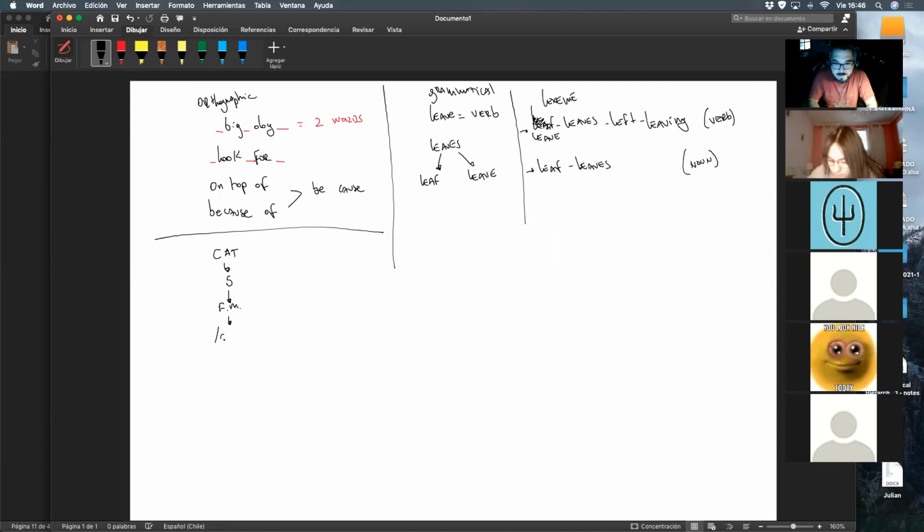And that free morpheme is the word cat. ¿Cierto? Entonces queda claro los niveles, ¿cierto? Entonces la palabra cat es a simple lexeme, S, hecho de un free morpheme, FM, y ese free morpheme es cat. ¿Sí? Sí, ya.